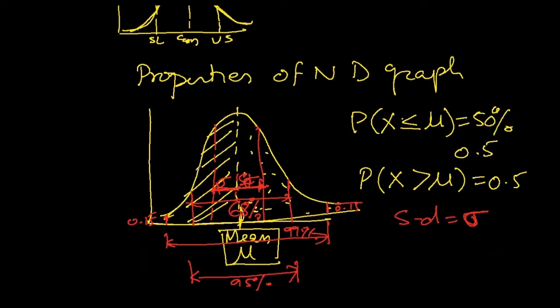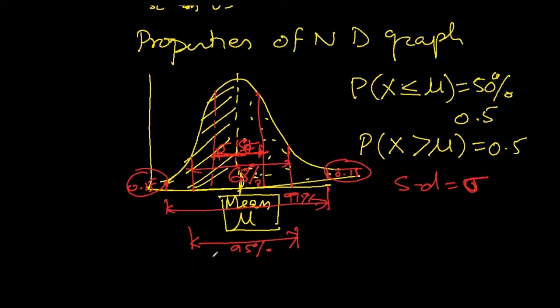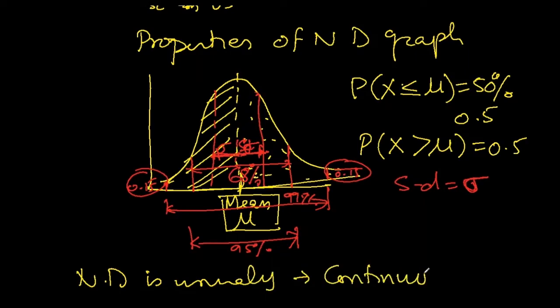The sum of all the probabilities in this normal distribution is 1, just like what we did in binomial and geometric distributions. One final piece of information about normal distribution is that it is usually applied to continuous data. I hope you are aware of the difference between continuous and discrete data.